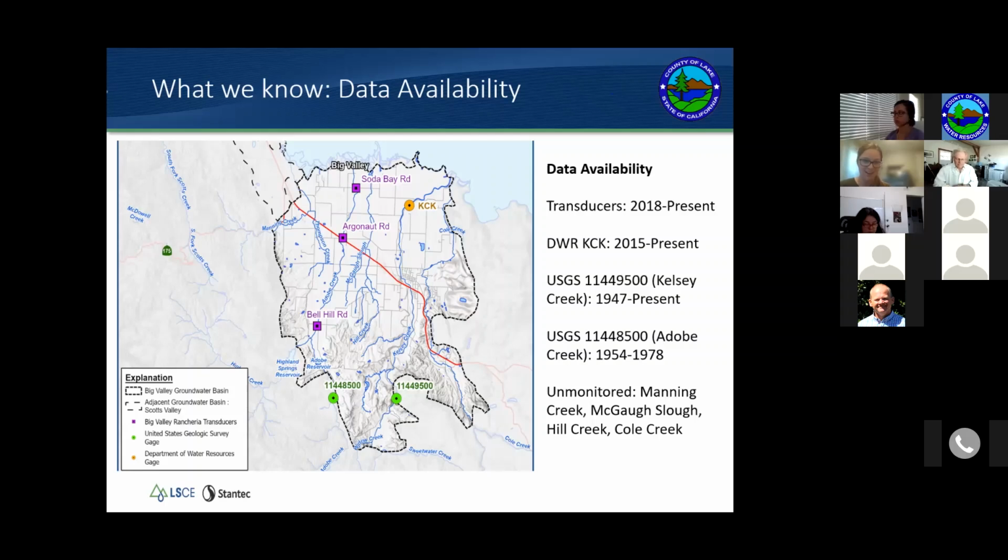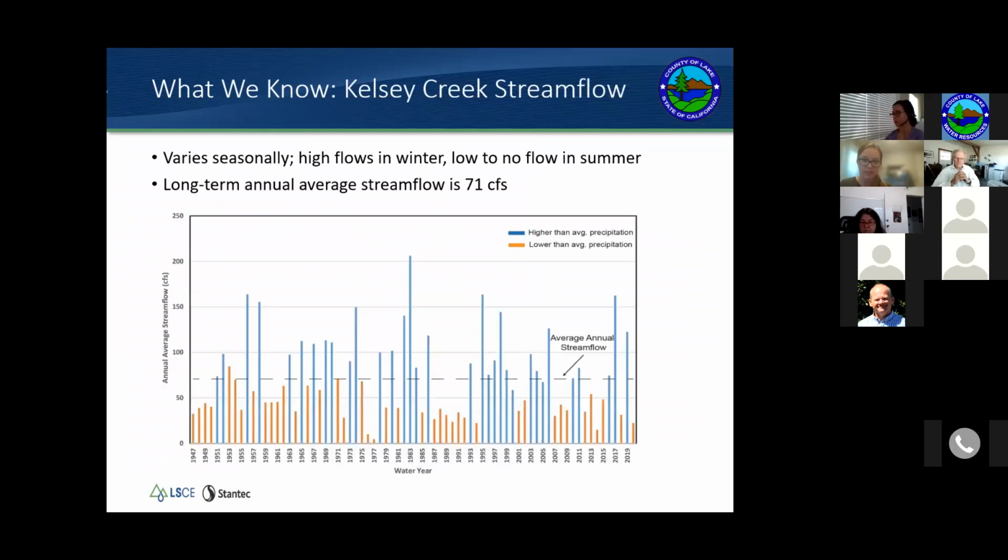All right. Just in the interest of time, I'll go ahead and move on to Kelsey Creek, and there's a discussion there. Like I said, the streamflow is variable. When we're looking at that USGS gauge, which is upstream, we have that whole period of record all the way from 1947 up until present day.